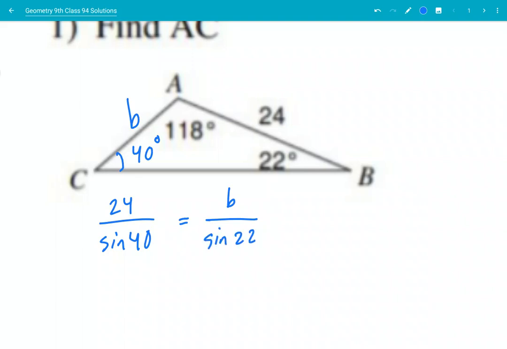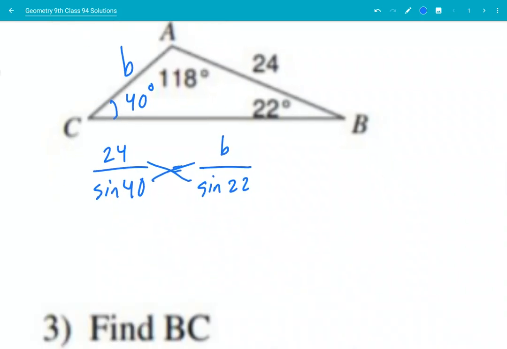Now I'm not going to write out all these processes because it'll take too long that way, but just know that I'm going to multiply these and then multiply these. I actually don't even need to write out the process because it's in your notes. So yeah, you guys know the process to cross multiply correctly.